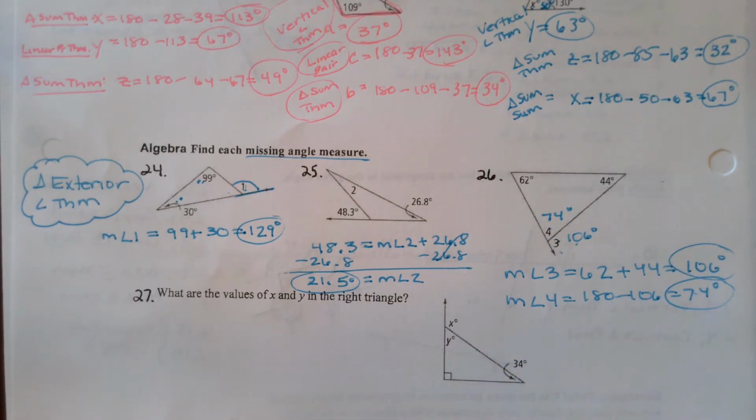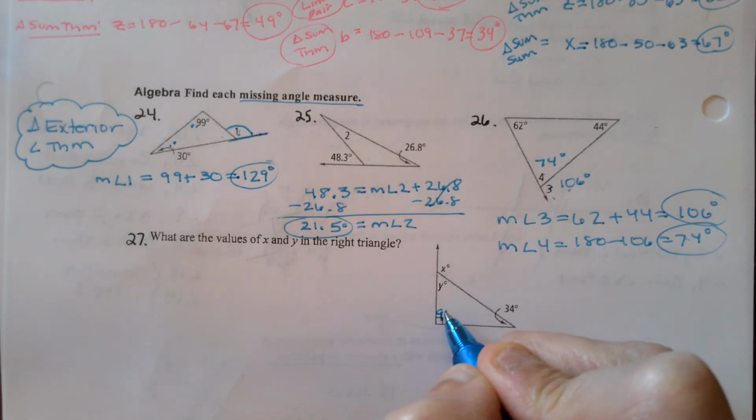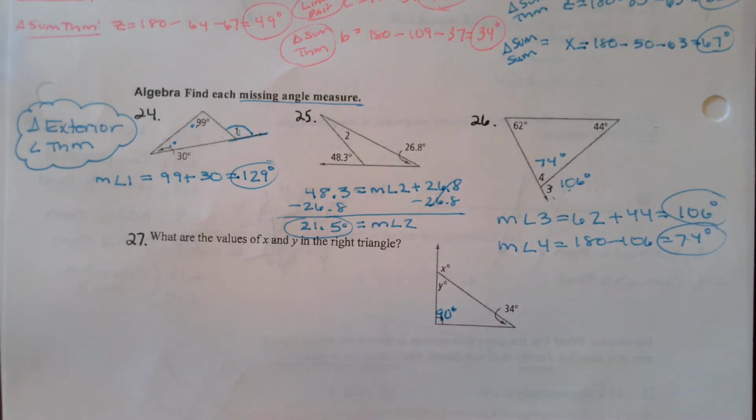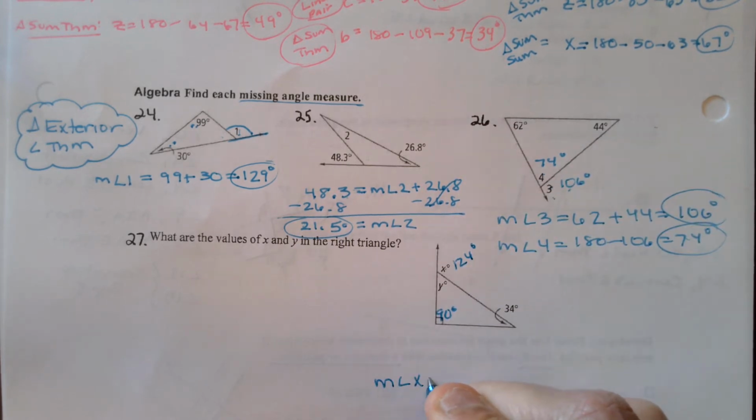All right, the bottom one is the same type of problem, except you need to know that a right angle is 90 degrees. So x is the remote exterior, so that's equal to these two added together. Measure of angle x equals 90 plus 34, so that's 124.